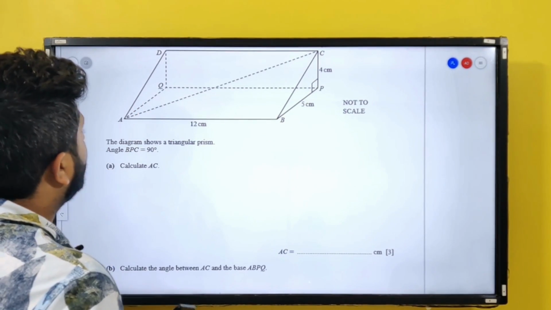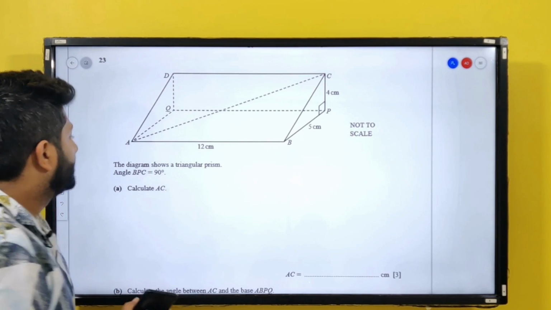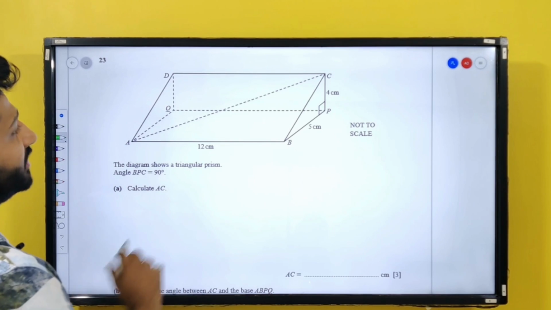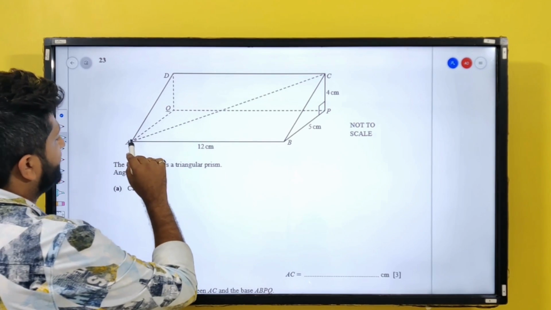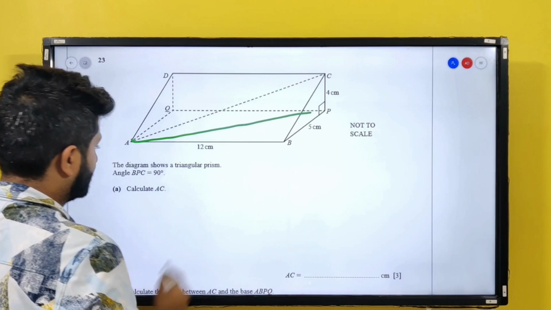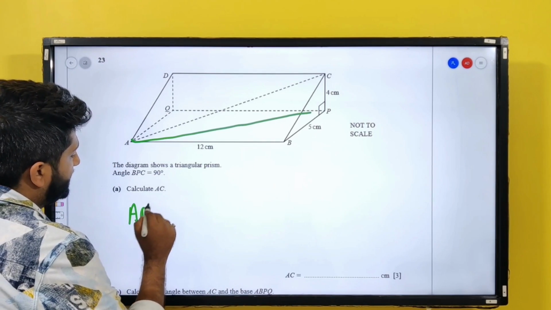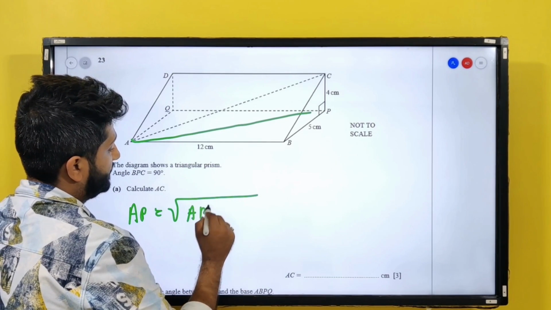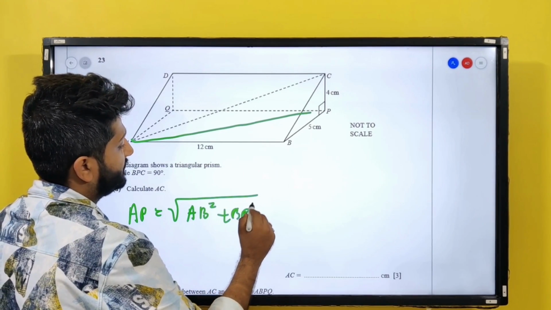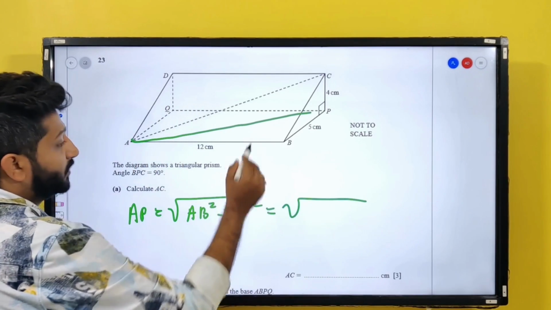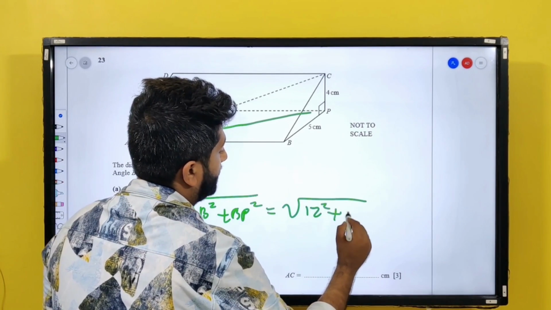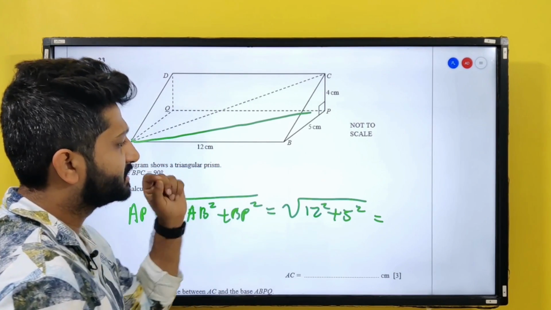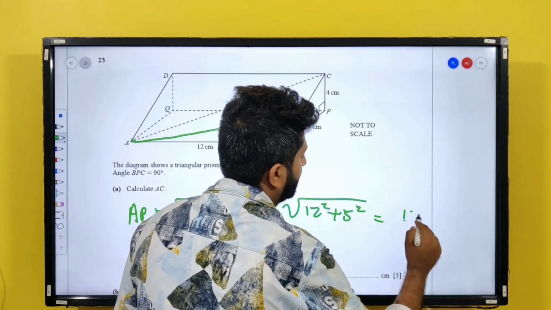Next question. The diagram shows a triangular prism. Angle BPC is 90 degrees. Find AC. For AC, first we have to find AP, because AP equals the square root of AB square plus BP square, which is 12 square plus 5 square. 12 square plus 5 square is 169, and root 169 is 13.